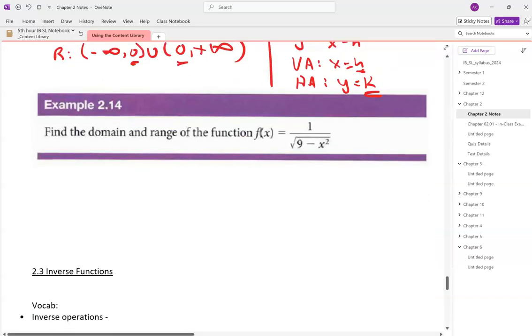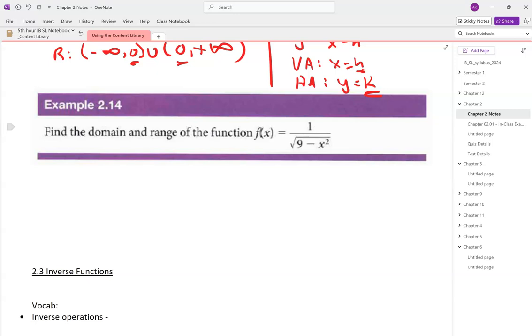Okay. Well, what about this crazy looking thing? Oh no! What are we doing with this? What's the problem here?